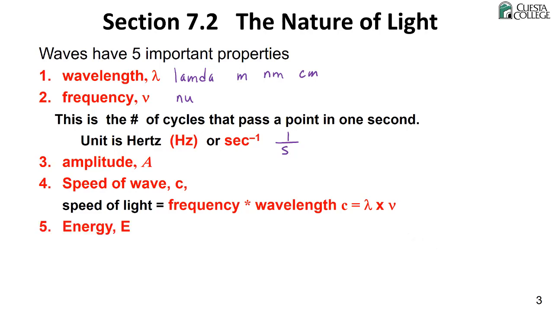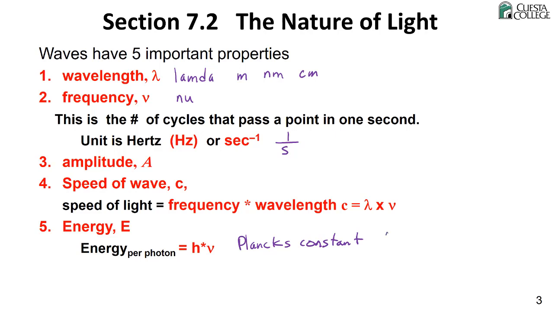The energy of a photon or a wave can also be calculated. A photon is just an individual particle of light, and the energy for every 1 photon is given as h times the frequency, or h nu, where h is called Planck's constant. Planck was a famous German scientist. We'll talk about him in a bit.